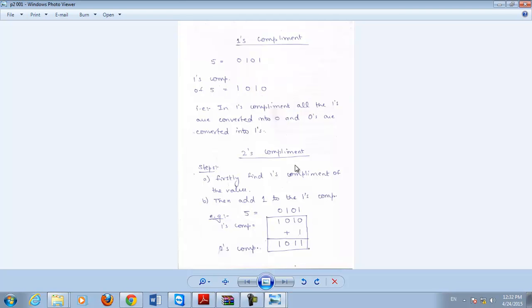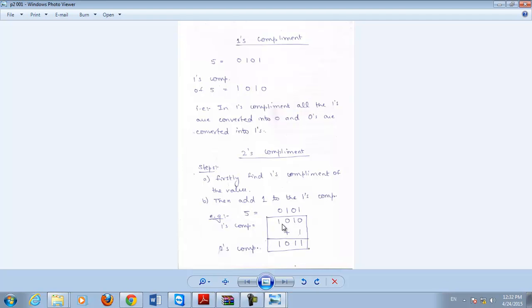Now next is 2's complement. To find out the 2's complement, you have to follow some steps. Firstly, you have to find out the 1's complement. Then you add 1 to the 1's complement to find out the 2's complement. For example, the binary equivalent of 5 is 0101. The 1's complement of 5 is 1010.